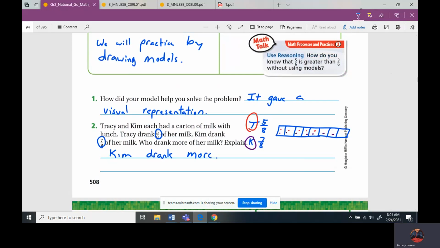That's because they have the same denominator. Same denominator. Kim's numerator is higher. So same denominator, we just go off the numerator.